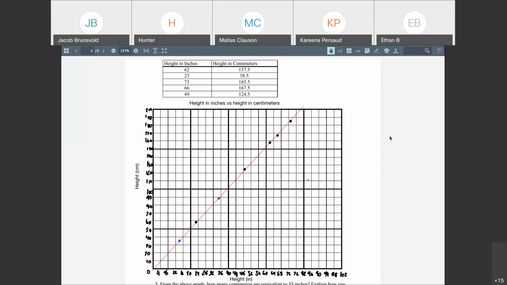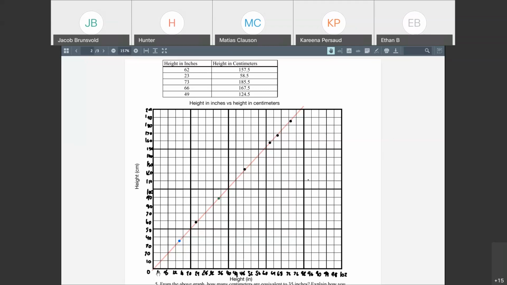Is that a good scale for a graph? Come on, yes or no in the chat. Is it a good job on the scale? Selma said yes. Let's get a few more answers here. Anton says yes. Ethan, good. Okay, I totally agree. This is a great scale.